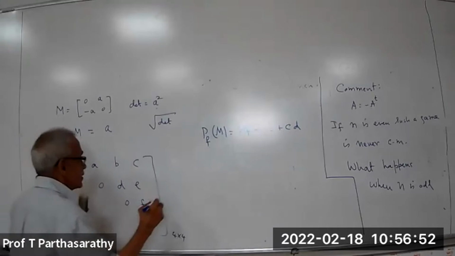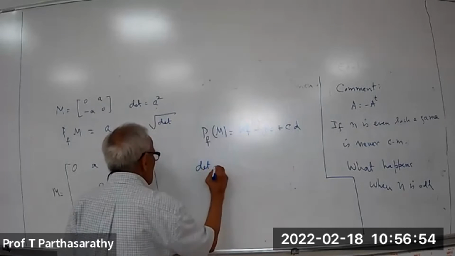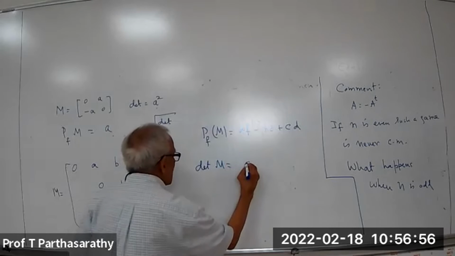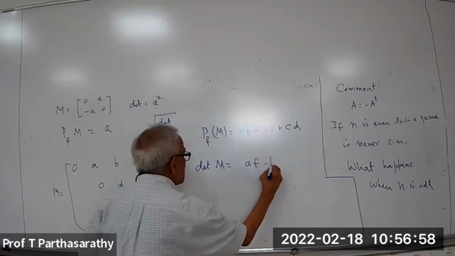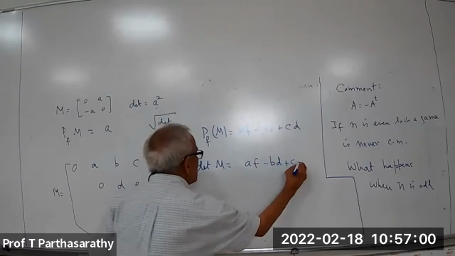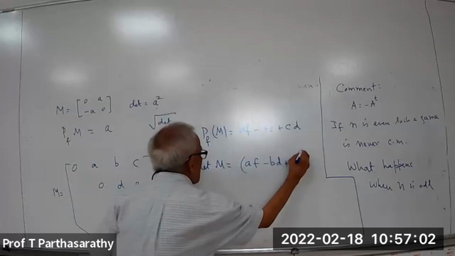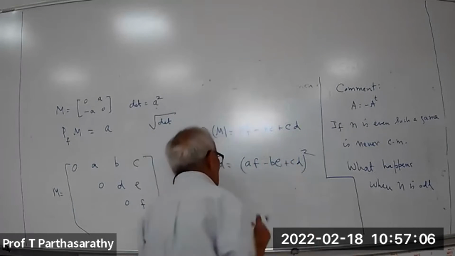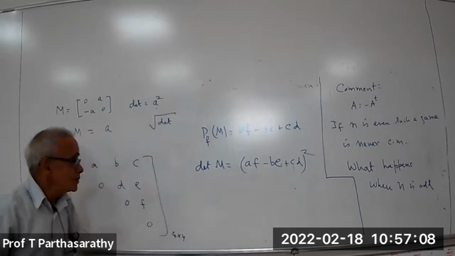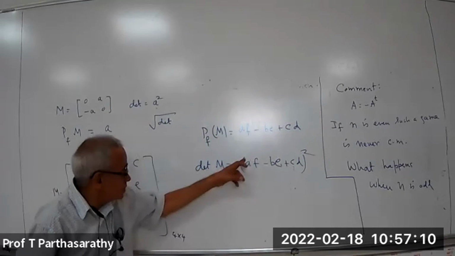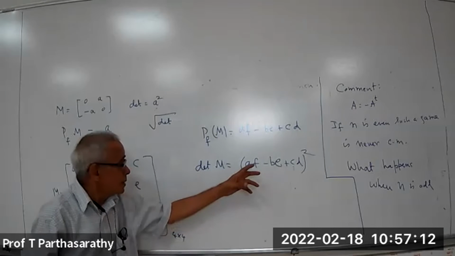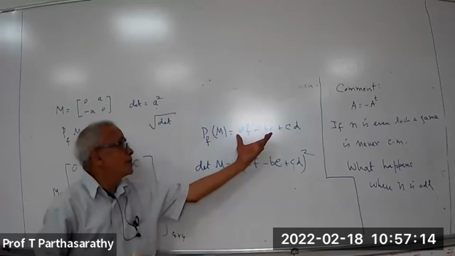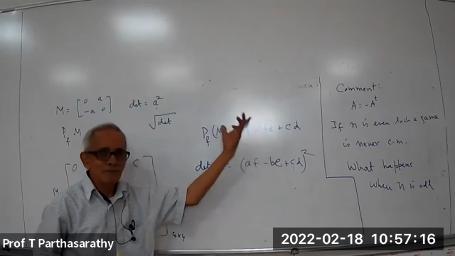And the determinant of this is simply AF minus BE plus CD, the whole square. This is the polynomial. So the Pfaffian is nothing but the square root, and whether it is positive or negative will be determined by the sign of this.